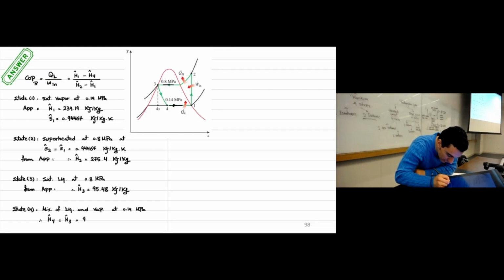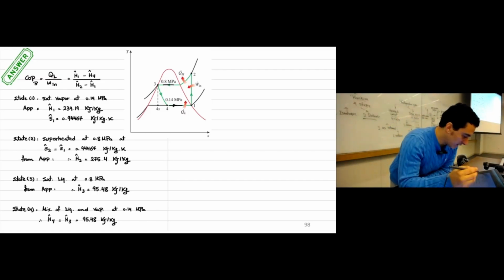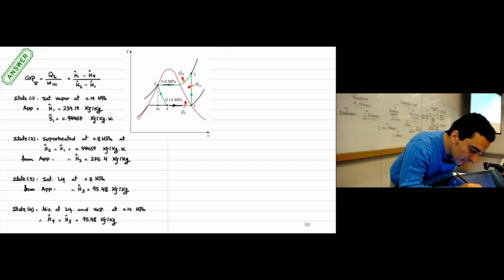So this one is 95.48 kilojoule per kilogram. So now we have almost everything. So you can substitute in this equation.